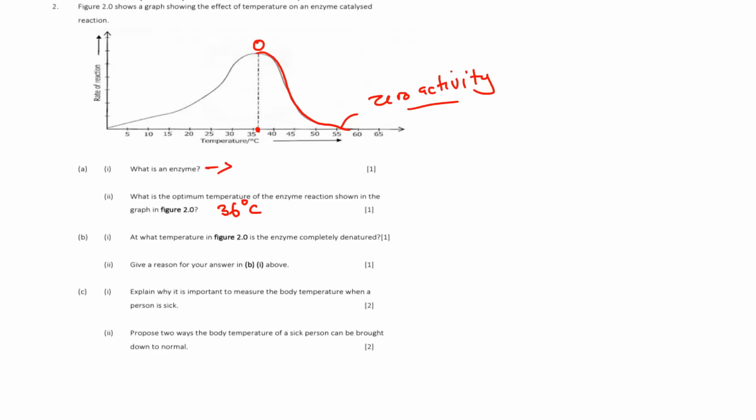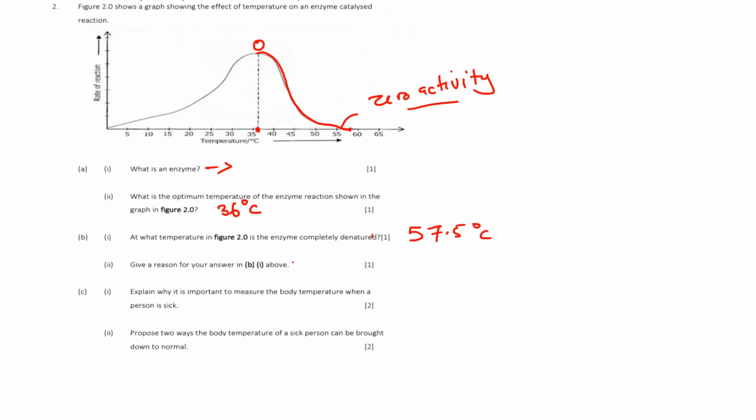Now they're saying at what temperature? So this is 55. Up to this, I can approximate it to be 50. Let me say 50. Not 56. Let's say 57.5 degrees Celsius. But of course, that is an approximation.